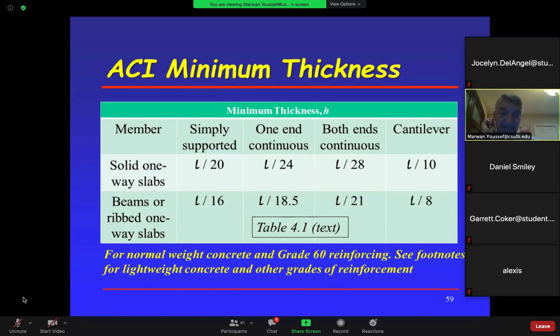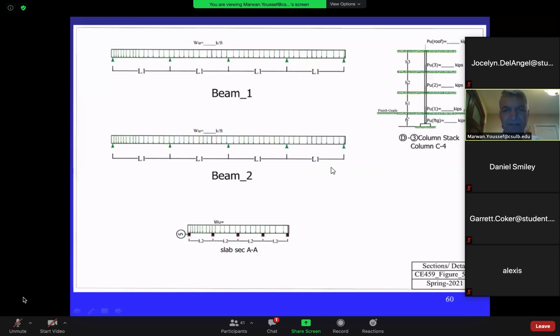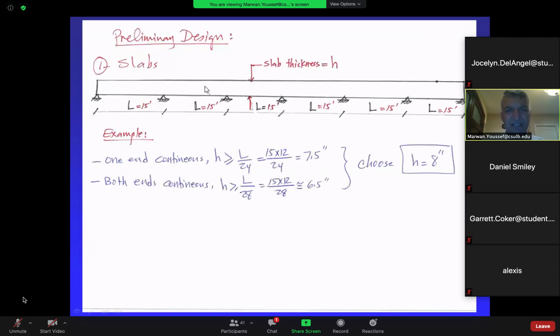So it's telling me if I make my end span 7.5 inches, then I don't have to worry about deflection. What about the other spans, the interior ones? They have both ends continuous, because on this side there's a slab and on this side there's a slab, the same thing. So these are both ends continuous.